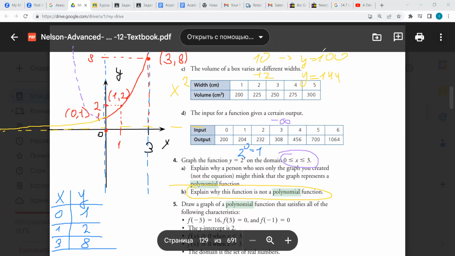No. So for the function 2 to the power x, the range of this function would be from 0 to positive infinity, where 0 is not included. Because if you take a look here, try to find a value of x that will give you y equals 0. There is no such value.